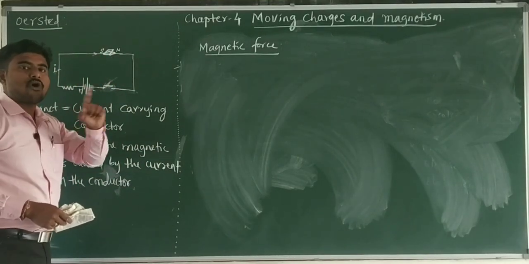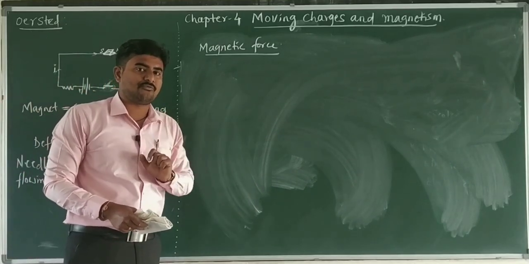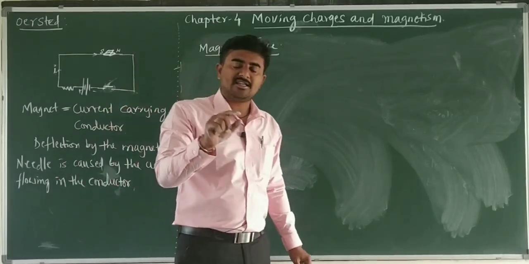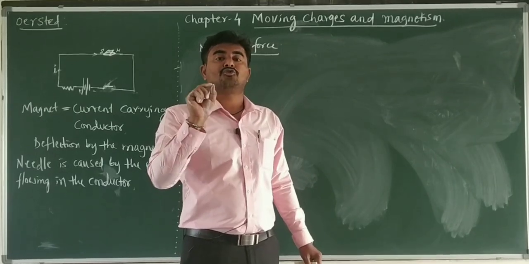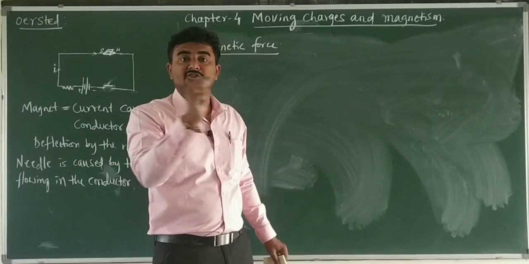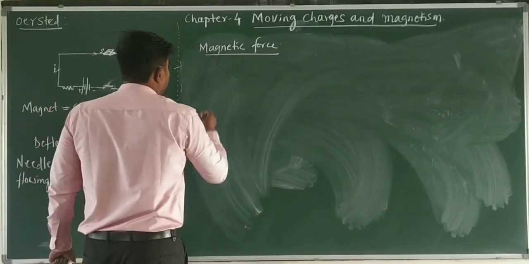Current means flow of charge. Whenever there is motion of charge, then and only then does magnetic force come into existence. If a charge is at rest, then it can produce an electric field, but it cannot produce a magnetic field. To create a magnetic field, what is a must? Charge has to move. So, magnetic force.